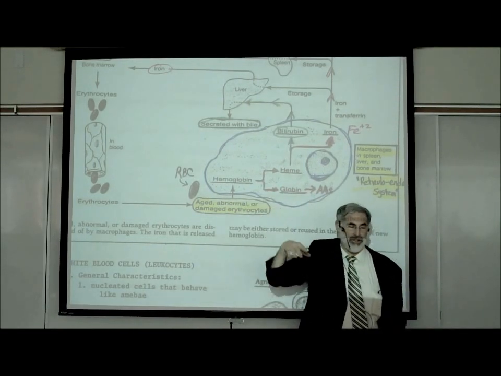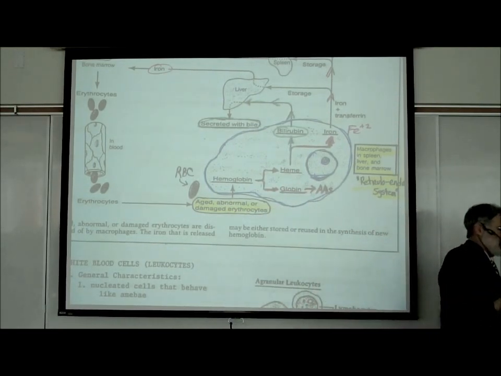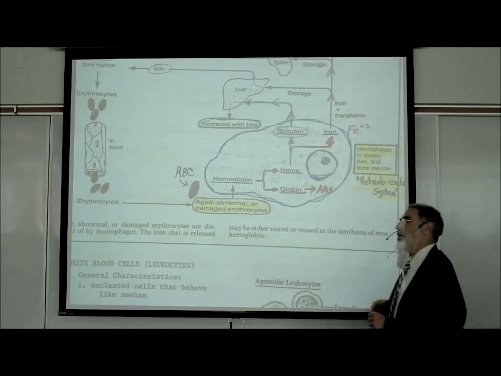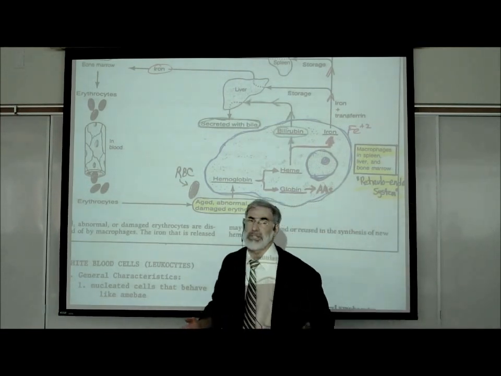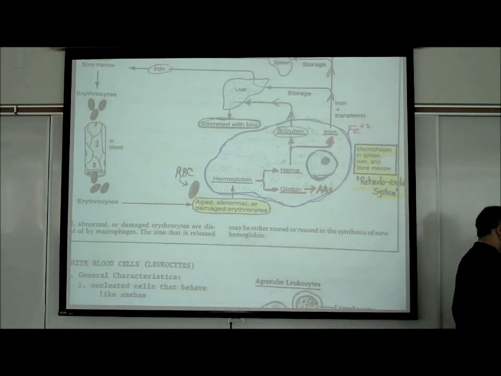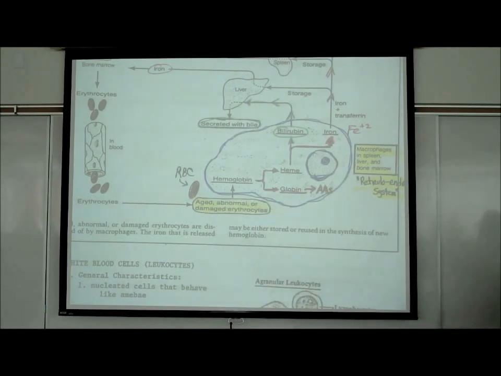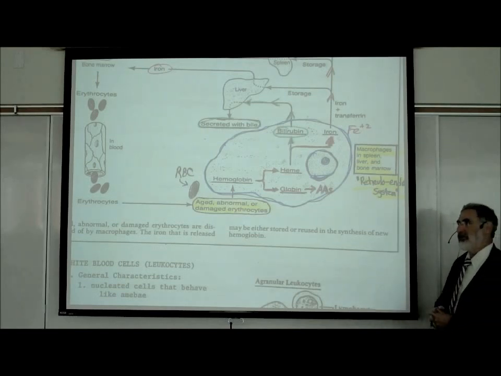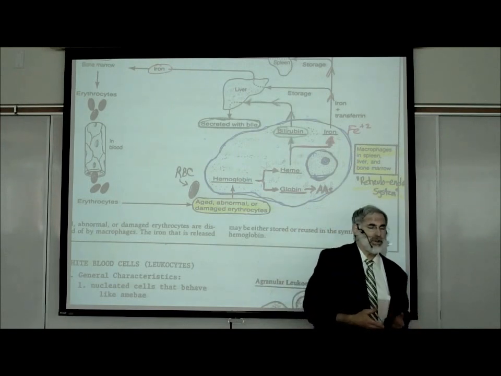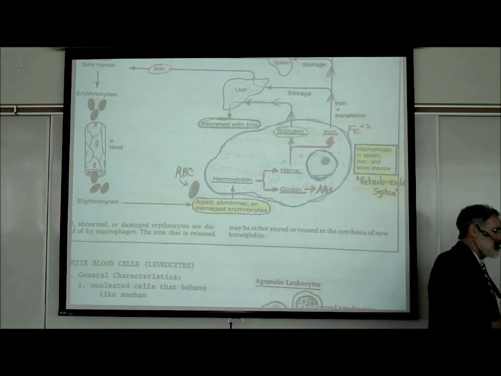And I might just mention that red blood cells, we've already learned this, are unique in what way? Very good. They have no nucleus. They're the only cells in our body that have no nucleus. Are there any cells in our body that have more than one nucleus? Yes, skeletal muscle cells. So we learned that already for the most recent exam. But normal circulating red blood cells have no nucleus.